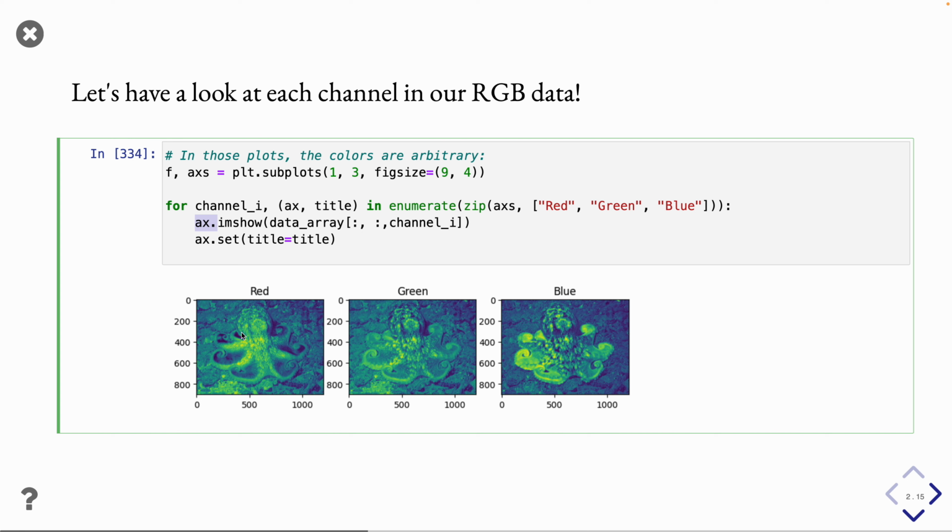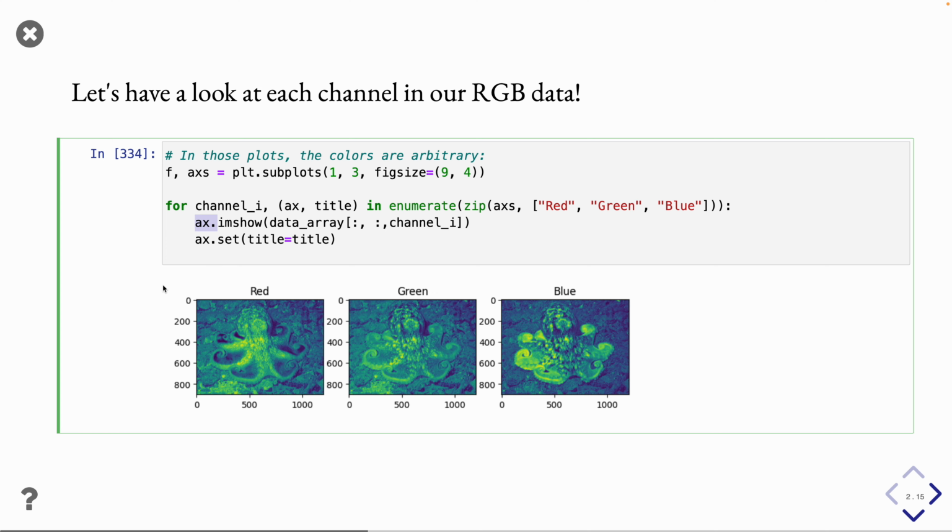The color is entirely arbitrary here, because I'm representing just a 2-dimensional matrix, and Matplotlib uses by default the Viridis color map. So this is just the intensity over each channel of my image represented in the Viridis color map.